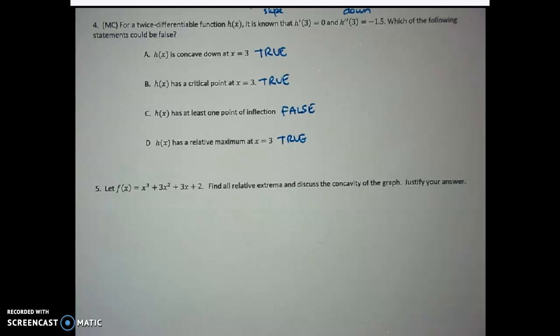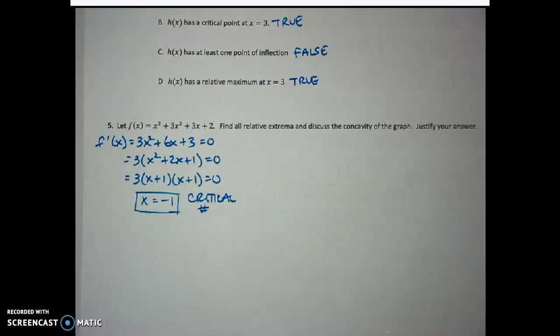And our last problem, just like the first one, use the second derivative test to determine all relative extrema and discuss the concavity. Again, pause the video and find your first derivative, critical values, and your second derivative and inflection points. Finding and solving the first derivative, I find that I have a critical number at -1.